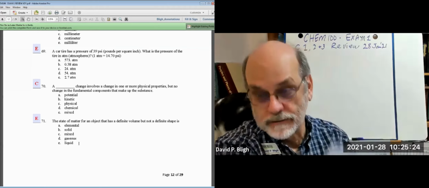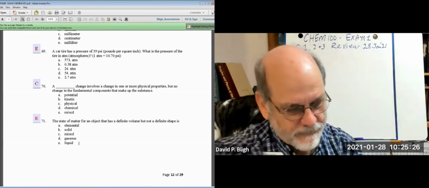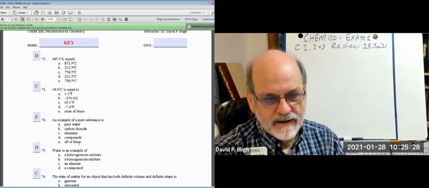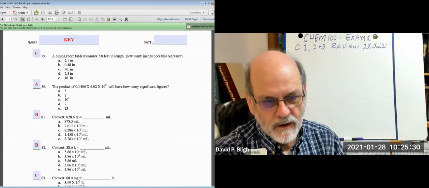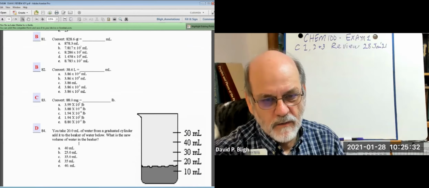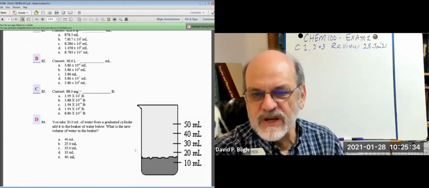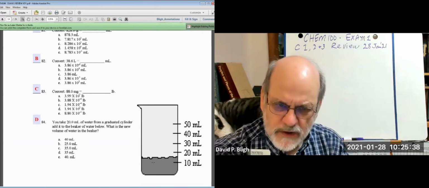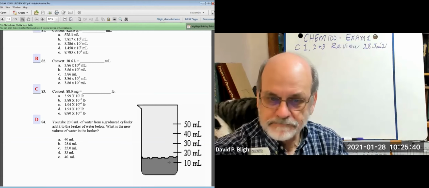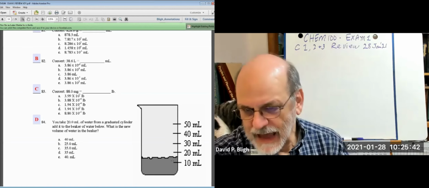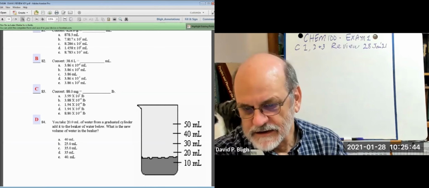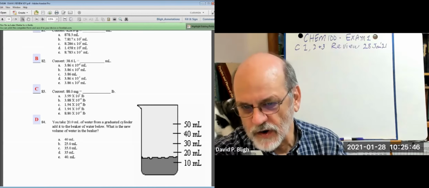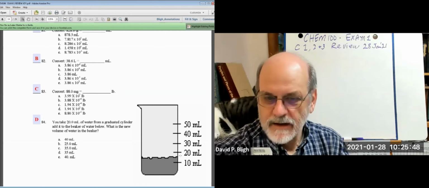84. Here we go. 84 is going to need us to look at this beaker. So let's look. The beaker's got a liquid in it, it appears. And it's got markings on the side, 10 milliliters, 20 milliliters, 30. Okay.